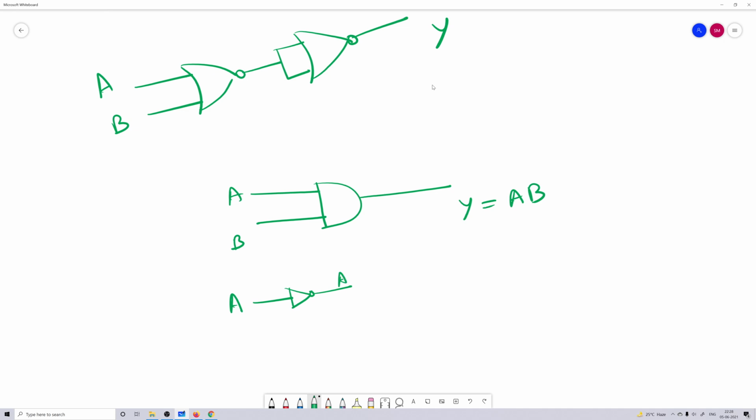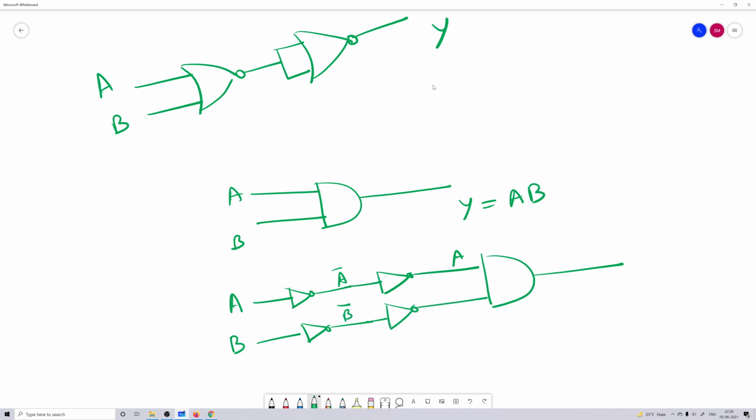This would be A complement, and this should be again A. This is B. This is B complement. This should be again B, and this would be AB. Nothing has changed.